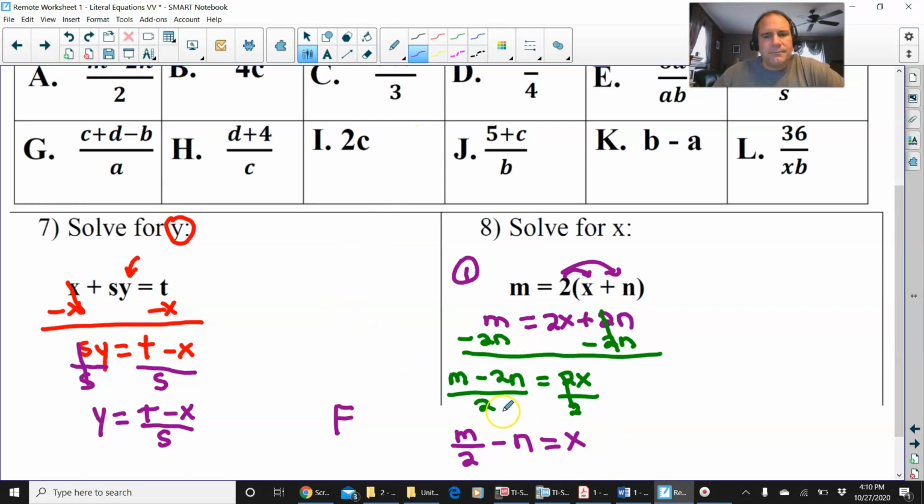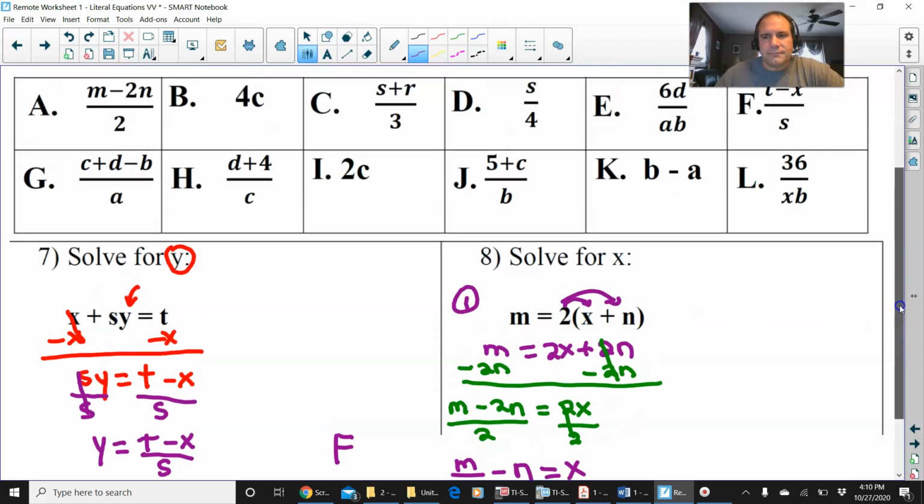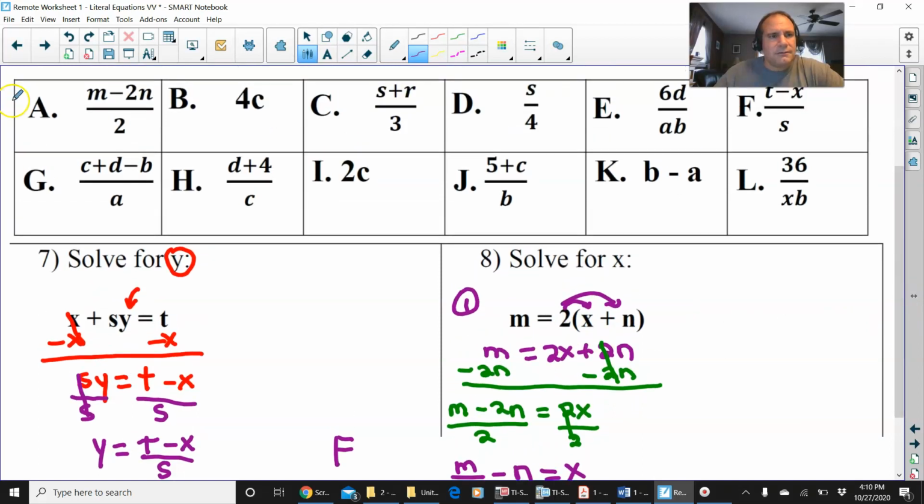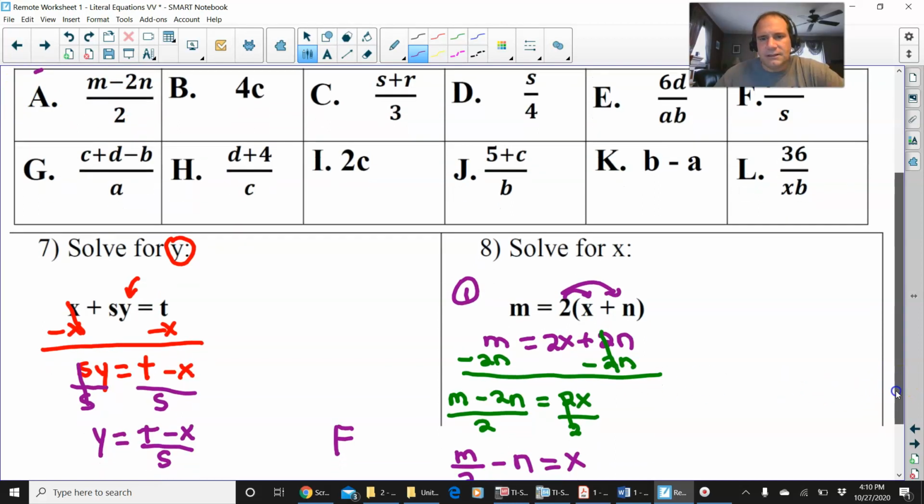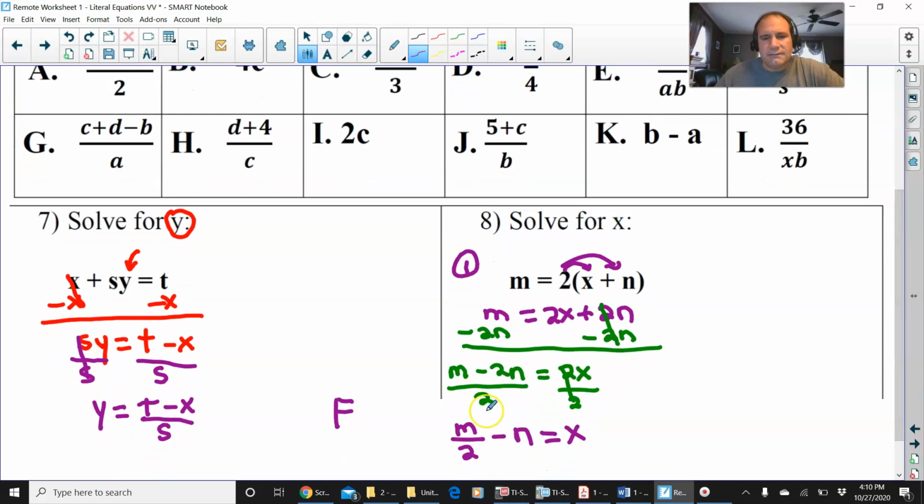So the choices up here don't have it simplified completely. So we're just going to leave it like this, and we're going to erase this. We're just going to stop it right here because it's just much easier to leave it like this.